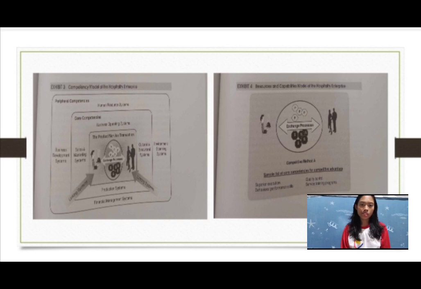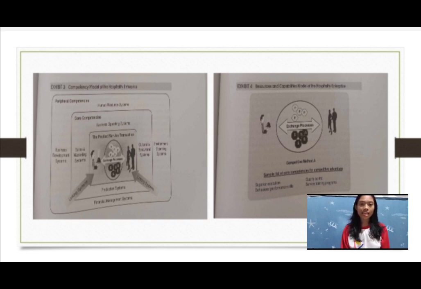First is resources and capabilities, the foundation of competitive advantage. The RBV posits that a firm's success is driven by its unique resources and capabilities, which can be categorized as tangible and intangible. Tangible resources include physical assets like buildings, equipment, and inventory.